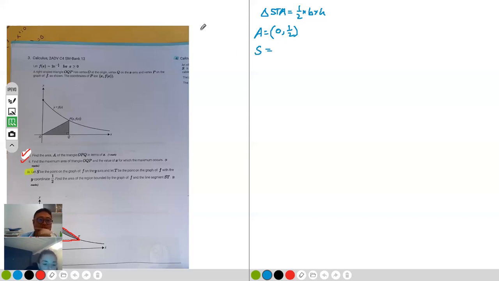Okay. Now, just have a look at the function, right? The function is 2e to the power of, now I can't read that. Can you tell me what that is?